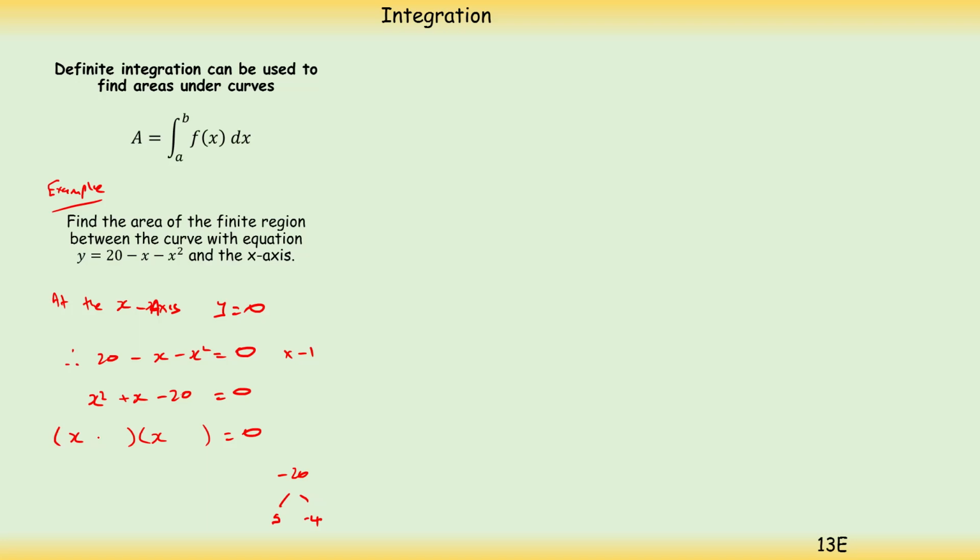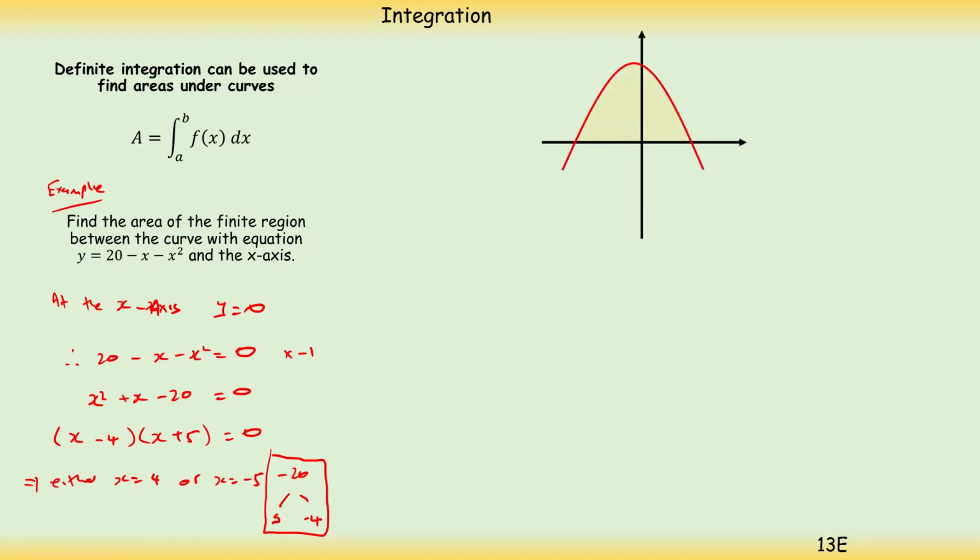So x minus 4, x plus 5, which implies then that either x is equal to 4 or x is equal to minus 5. Let's just box that off because it causes confusion. So x equals 4 or minus 5, we can sketch that curve then, like so.